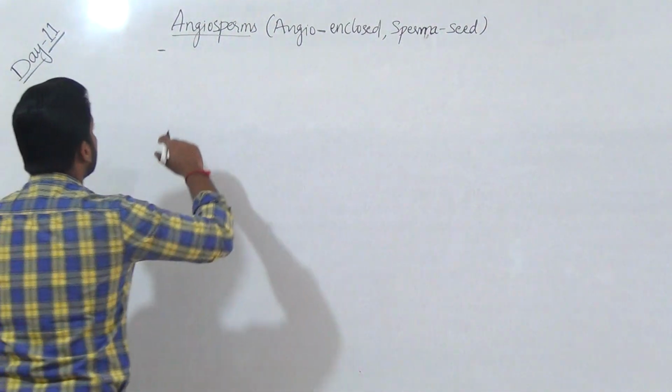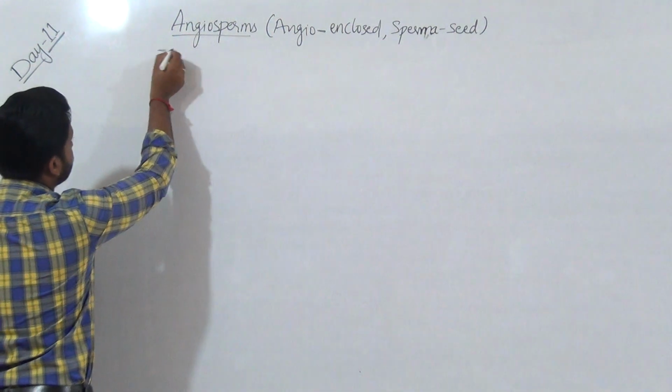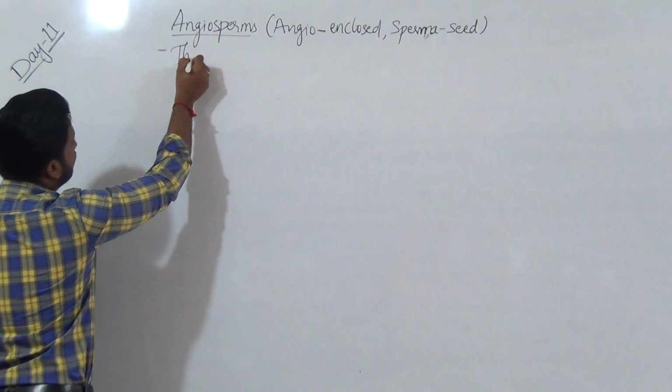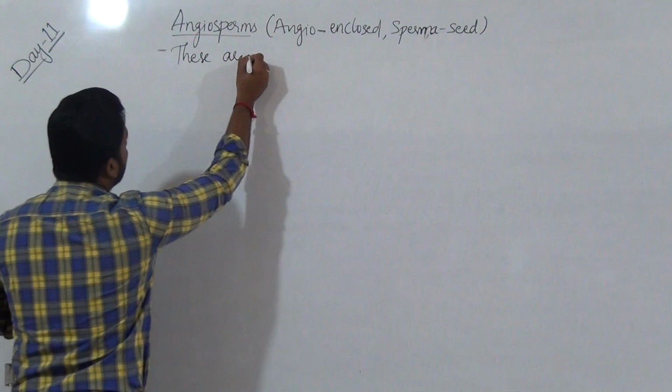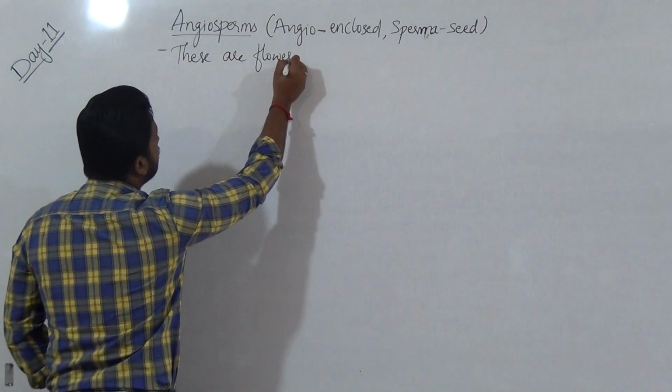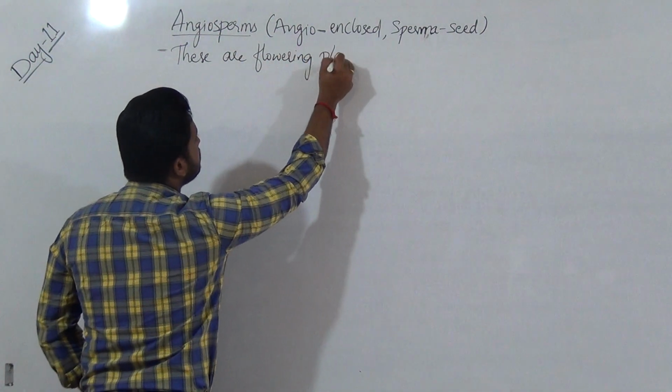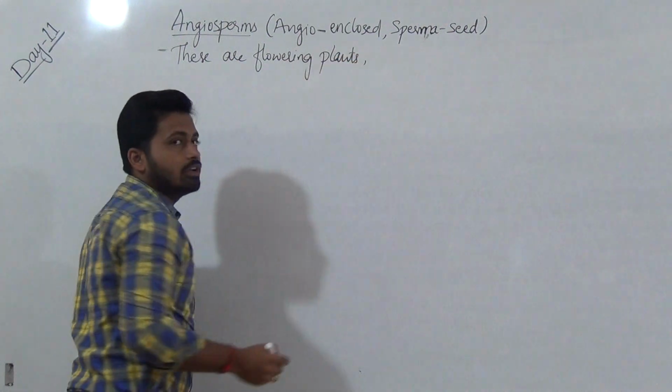Now, angiosperms are flowering plants. First point, flowering plants.